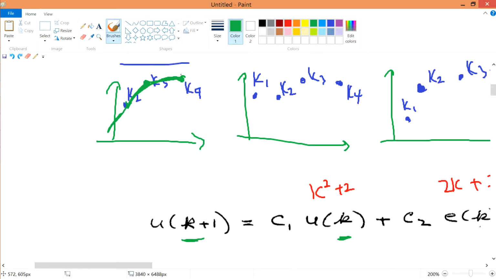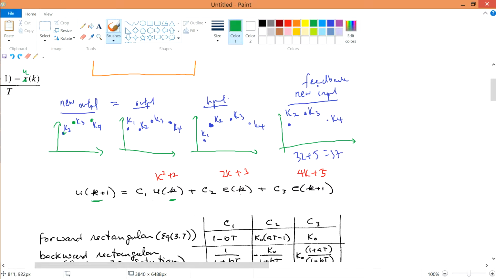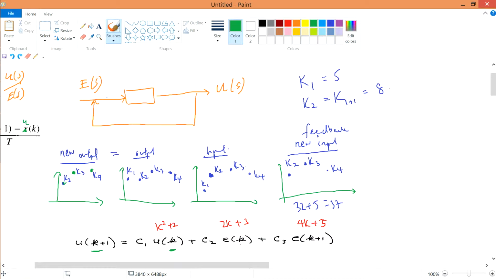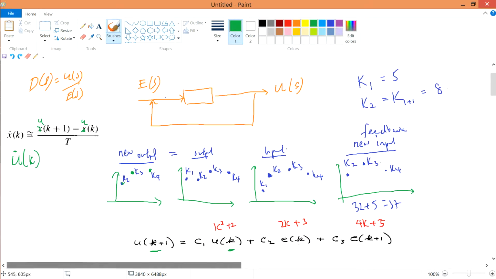So this plotting of the graph, the curvature, is not shown over here. This is only plotting the points. If you still want to go back to plot the curvature, you take this new output minus this output, divided by its own interval, this time step.